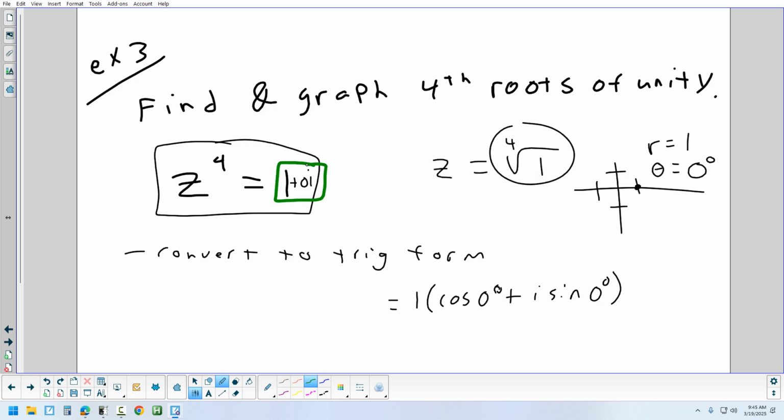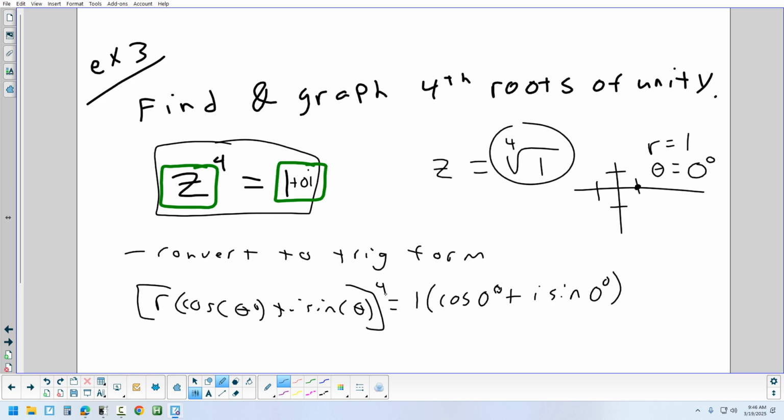Now I need to convert the left side. Problem is the left side is just a variable. I don't know what the radius is, and I don't know what the angle is. That's what I'm trying to find. So for z, we're just going to write that very generically. We don't know the r, and we don't know the theta. So we're just going to change z to some radius with some angle, but I am raising it to the 4th power.